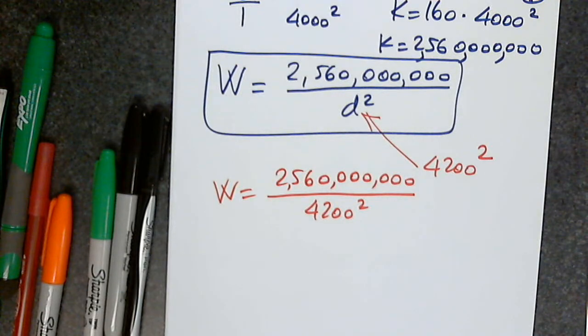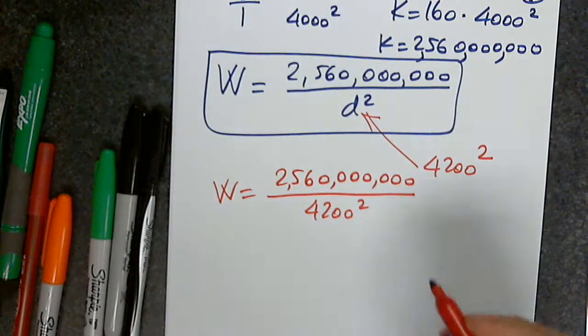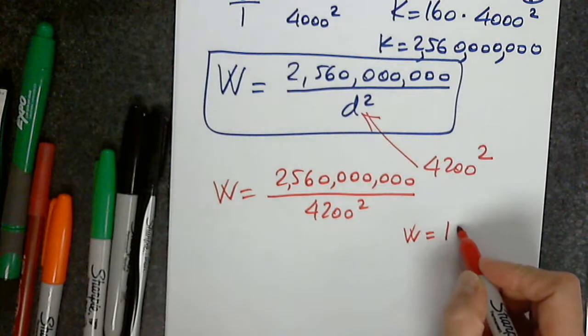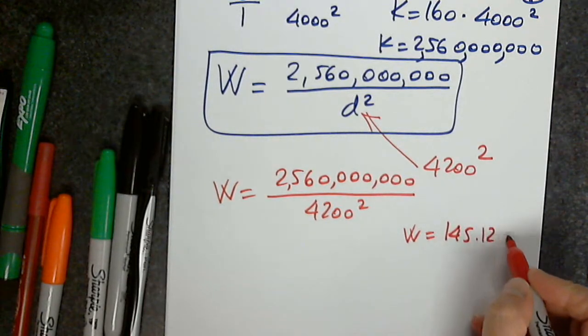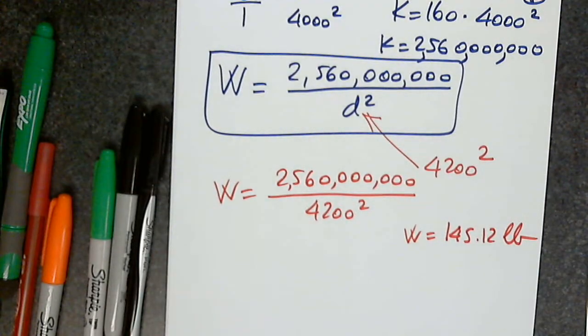Tell me what you get. I got 145.13. No, 145.12. Now you can say, if somebody asks you how much do you weigh, you can say 160 pounds.